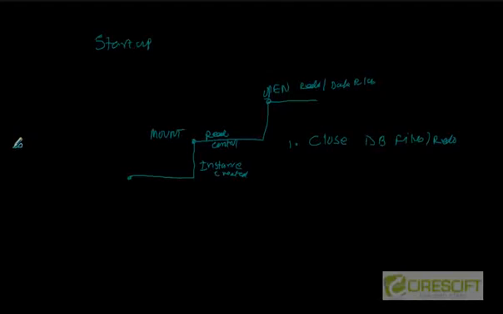Remember, with the database buffer cache and redo buffer cache, we have some data buffers here, and these are the data files, let's say. Before we close the DB files and redo log files, we make sure that all those data buffers are written to the data files. So before we close the data files, it makes sure that the database buffer cache and redo buffer are written to the data files and redo files respectively.